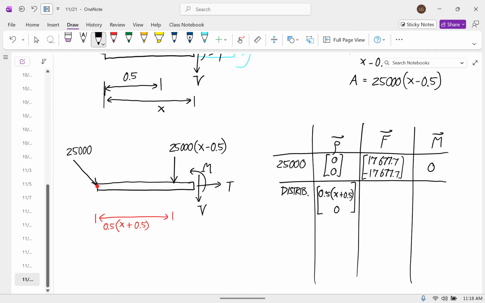The force, it can get a little confusing with the signs of these things, but think of it this way. We have a unit vector that's in this direction. So our unit vector is 0, negative 1, okay? And we're multiplying it by this value. So 0, negative 1 times this value gives us a vector with 0 for the x component, and for the y component, negative 25,000 times the quantity x minus 0.5.